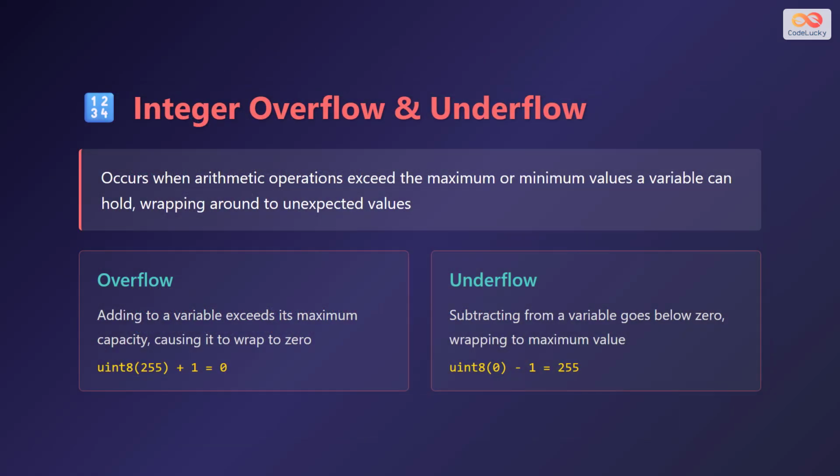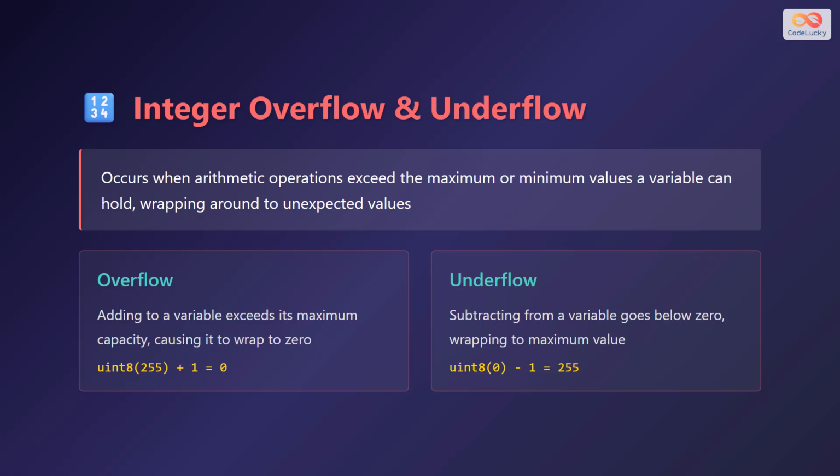Integer overflow and underflow vulnerabilities occur when arithmetic operations exceed the boundaries of what a variable can hold. An overflow happens when you add to a variable and it exceeds its maximum capacity, causing it to wrap around to 0. For example, if you have an unsigned 8-bit integer at its maximum value of 255, adding 1 causes it to overflow back to 0.